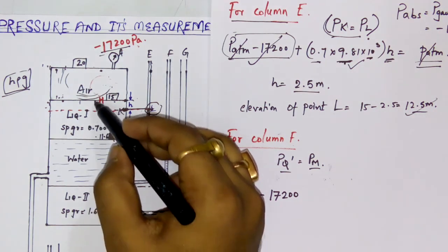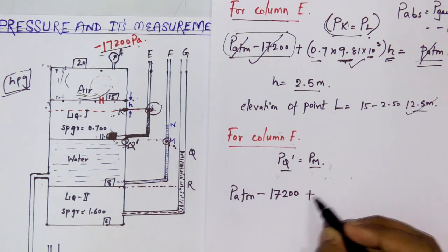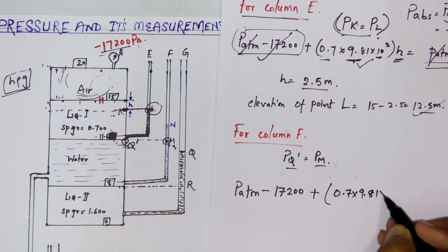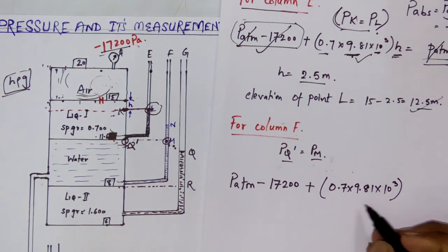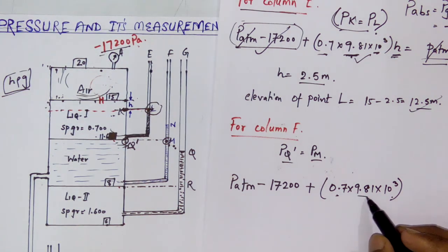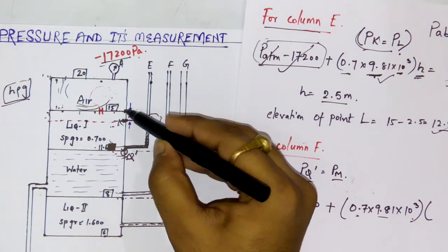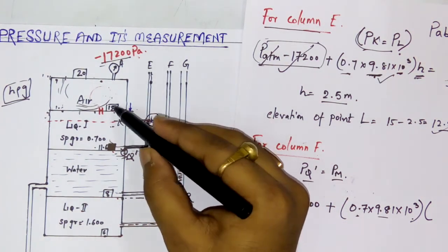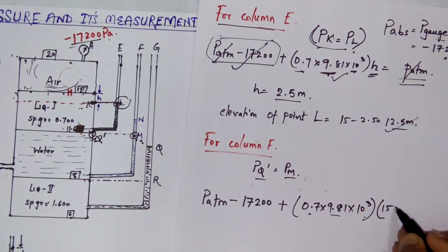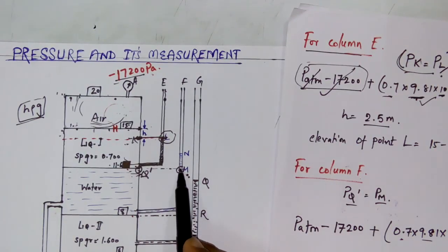It is due to the height of this liquid, which is plus 0.7 into 10 to the power 3, this is rho, into 9.81, g, into h. What is my height h? This height is nothing but 15 minus 11.6.